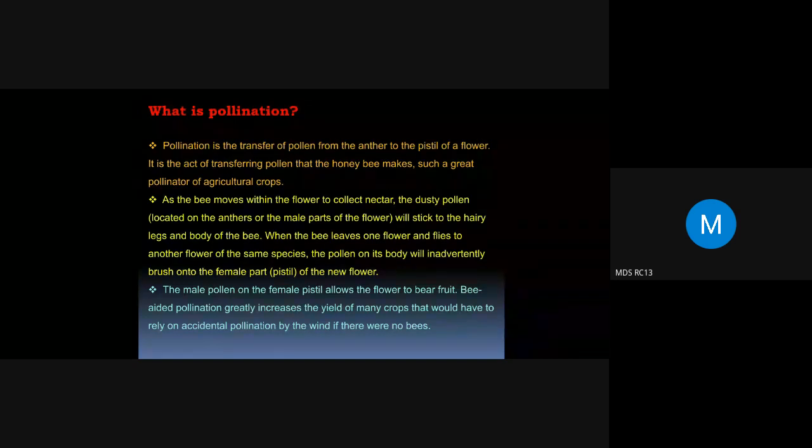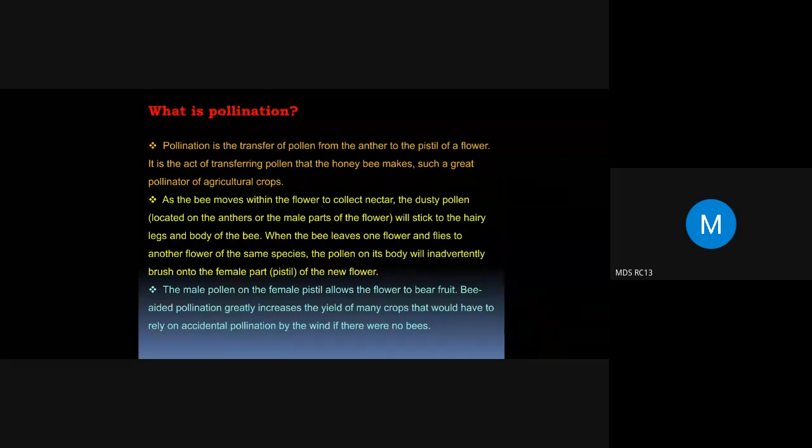When the bee leaves one flower and flies to another flower of the same species, the pollen on its body will inadvertently brush onto the female part, that is the pistil, of the new flower. Thus pollination occurs. The male pollen on the female pistil allows the flower to bear fruit. Bee-aided pollination greatly increases the yield of many crops, which would otherwise have to rely on accidental pollination by wind.